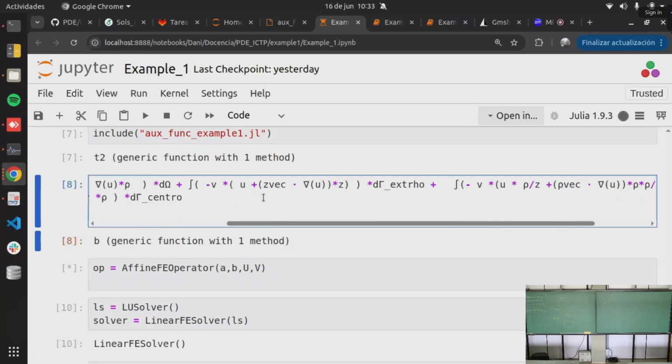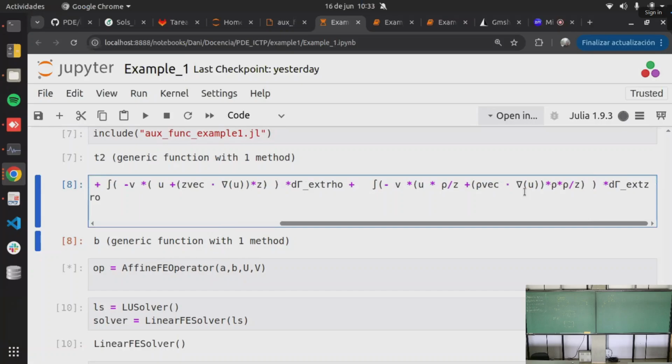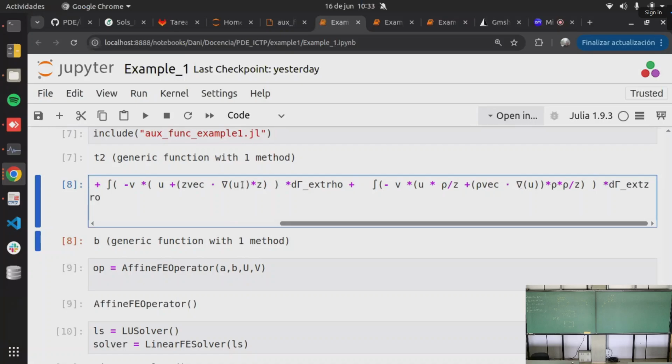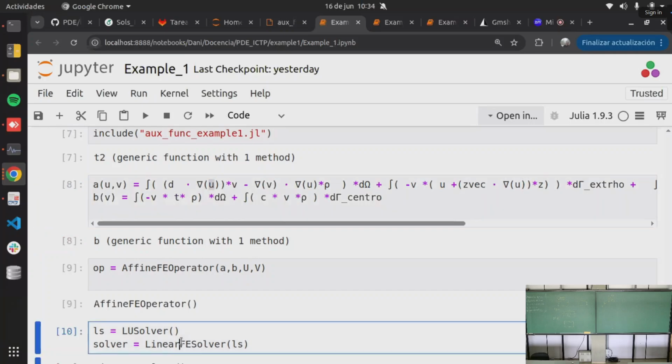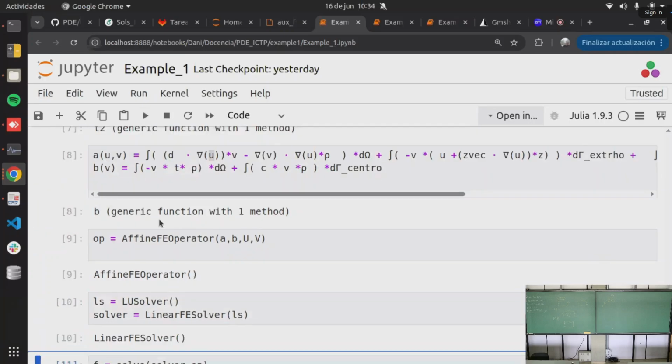And we have here the Robin boundary condition, and here the Neumann boundary condition. After that, we define the solver, in this case linear.